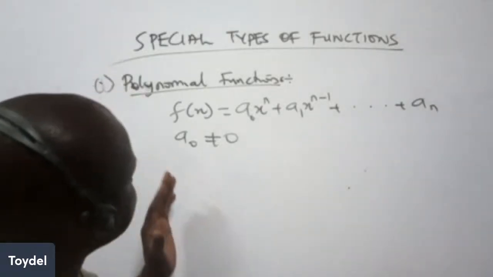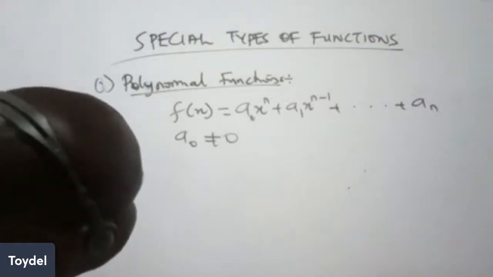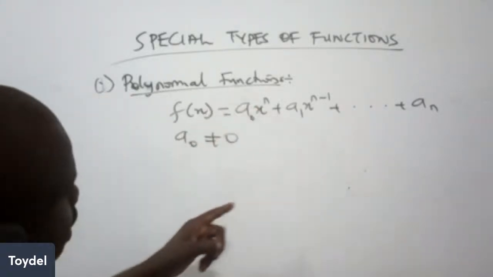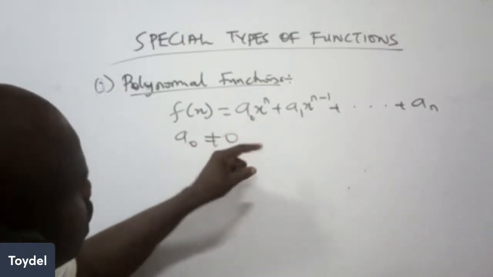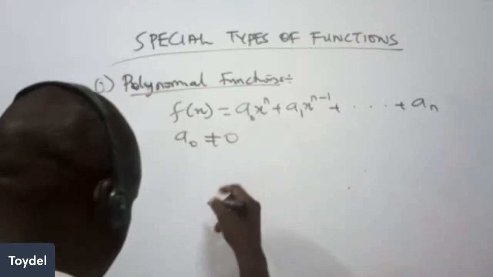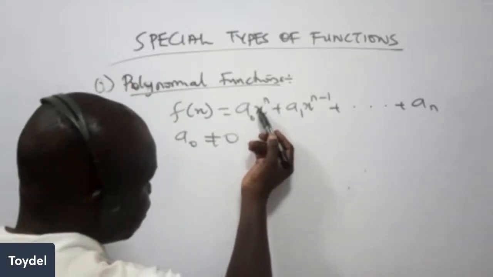Under a polynomial function, we can have the value of x up to order n. Once a naught equals 0, then x raised to power n vanishes. In this case, n is called the degree of the polynomial.